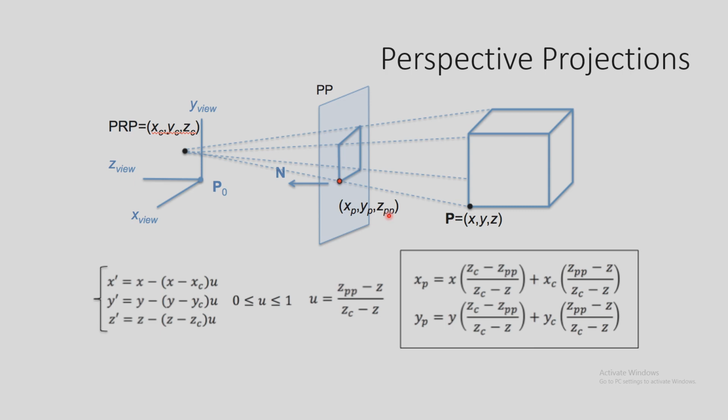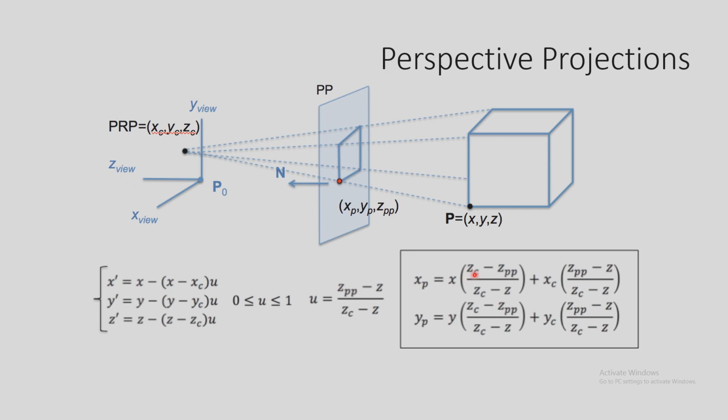So this is the projection of point P. Let us suppose its coordinates are XP, YP and ZP. It's not PP, it's ZP. It's by mistake double P. So XP, YP and ZP. Our assignment is to calculate the values of XP, YP and ZP.